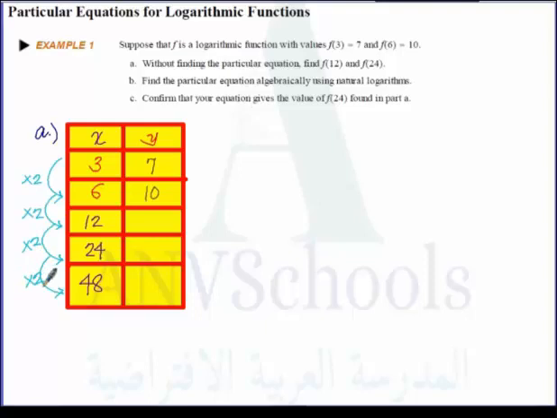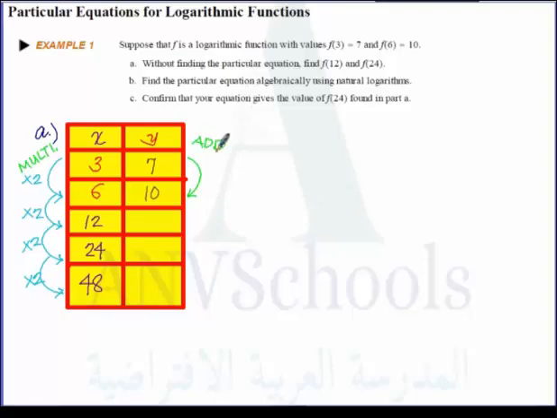Now on the other side, if this is a logarithmic function, then we have to find a specific pattern which indicates an addition. Because this side should be multiplication, and this side should be addition.